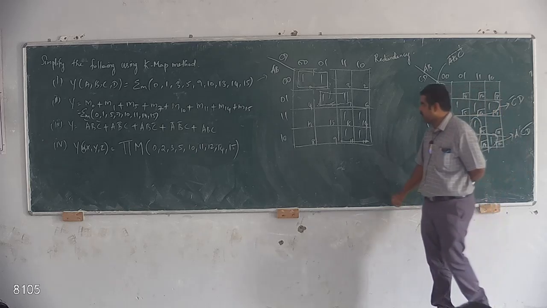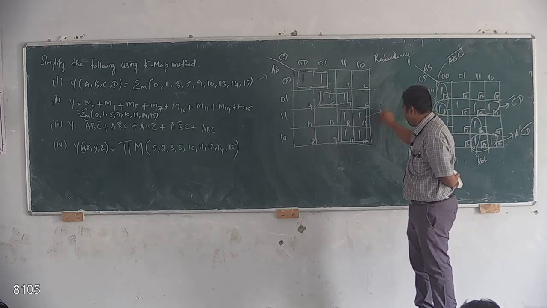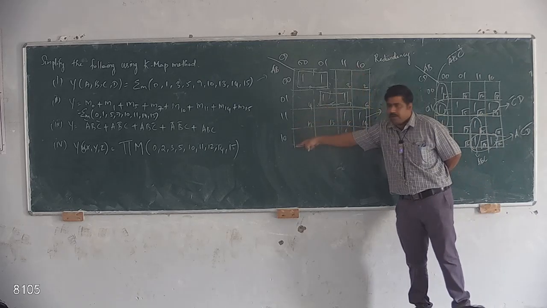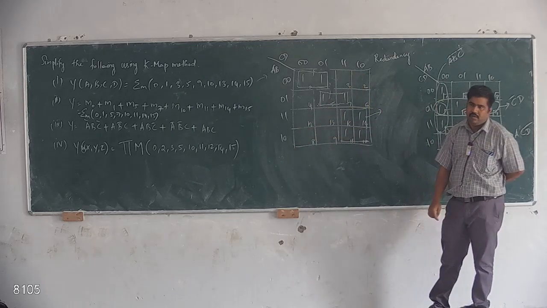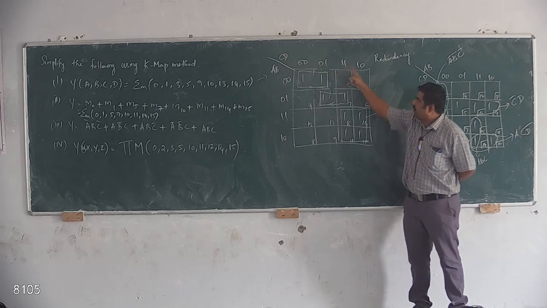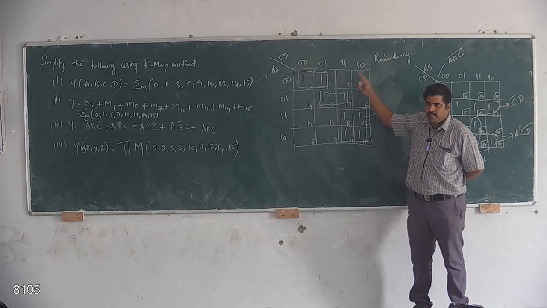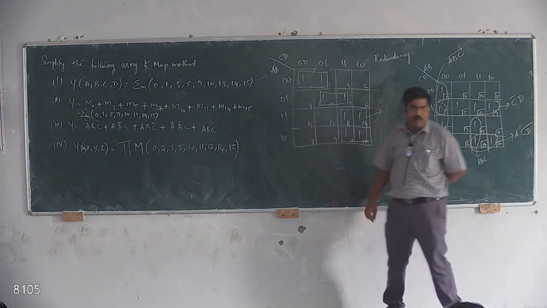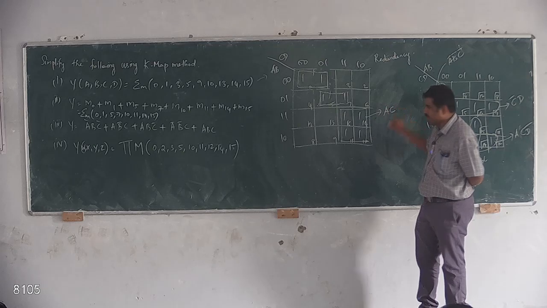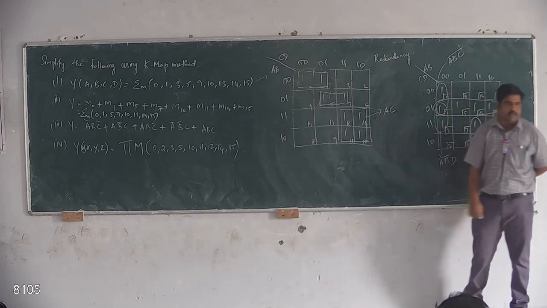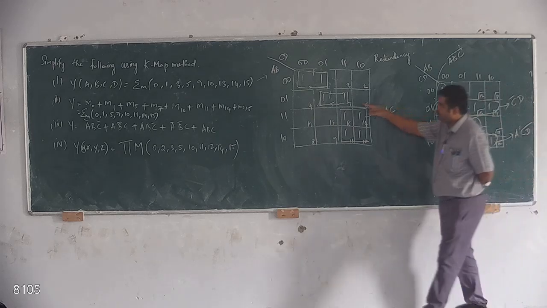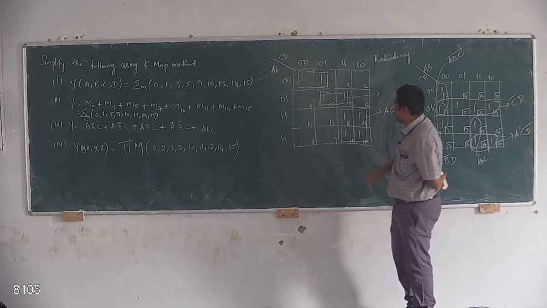Now tell me the answer. What is this answer? In these two, take a common value. What is the common value here? C is the common value, since 1 is for C. In this one, A is the common value. So the answer is AC. Any doubt? I have taken the common values from the two adjacent cells. Now what is the value for this?